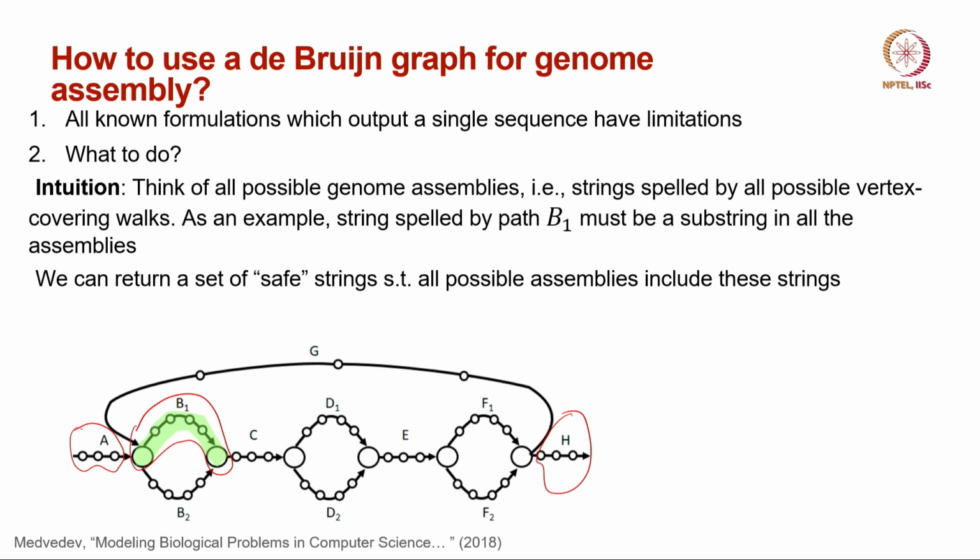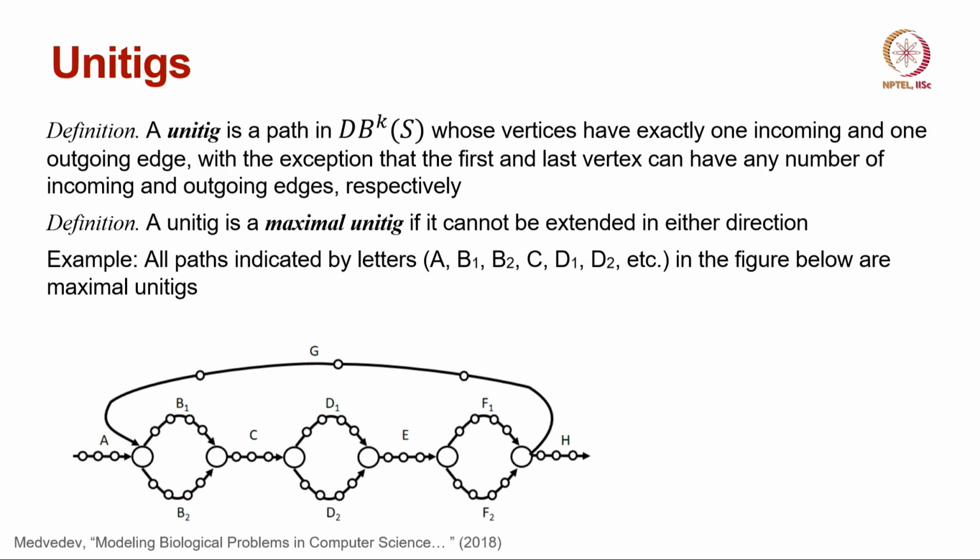So, to formalize this idea, I need to give a couple of new definitions, one being the unitig. A unitig is a path in the de Bruijn graph where vertices have exactly one incoming edge and one outgoing edge, with the exception that the first and last vertex can have any number of incoming and outgoing edges.